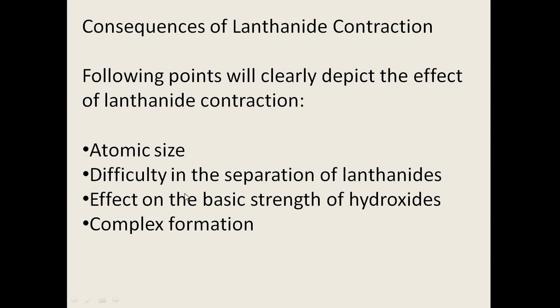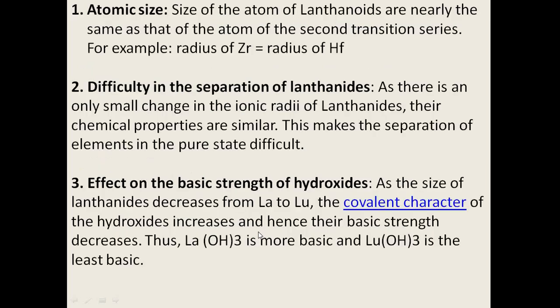Lanthanoid contraction also affects their basic strength and complex formation. First, atomic size. The size of atoms of lanthanoids is nearly the same as that of atoms of the second transition series. For example, the radius of zirconium is equal to the radius of Hf.